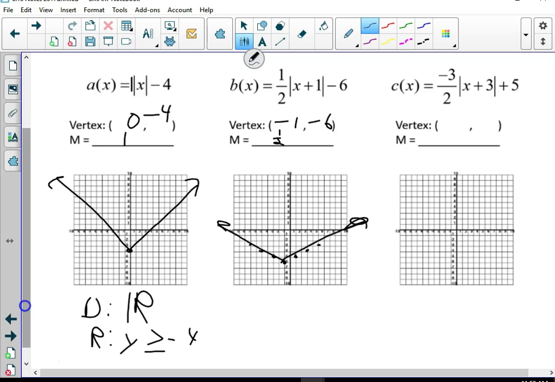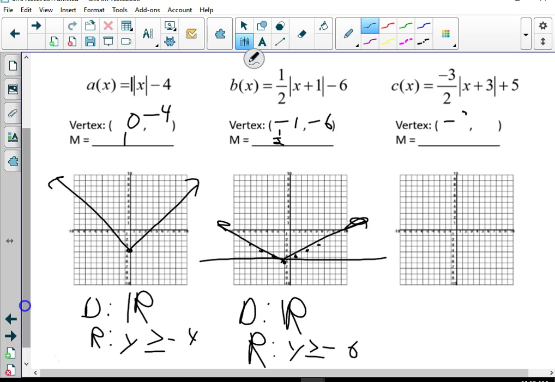Notice it's more like a bowl, wider because of that 1/2. If we had used 1/4, it would be even wider. 1/8, even wider. My domain does not change on any of these, but my range does. The low point is -6, so it's greater than or equal. That's where my floor is, so it's above the floor.